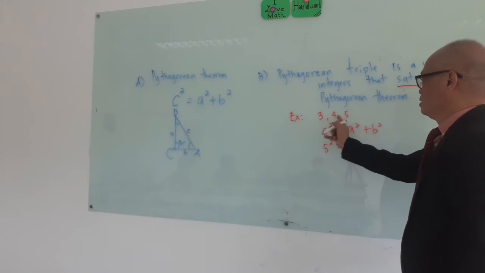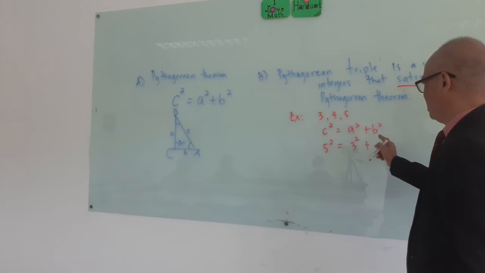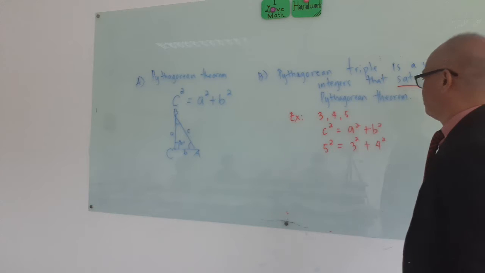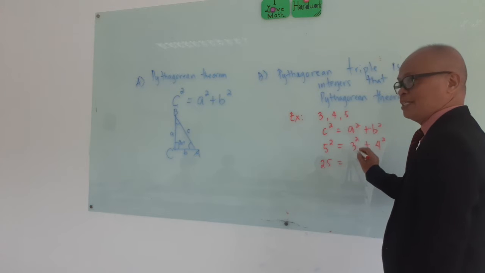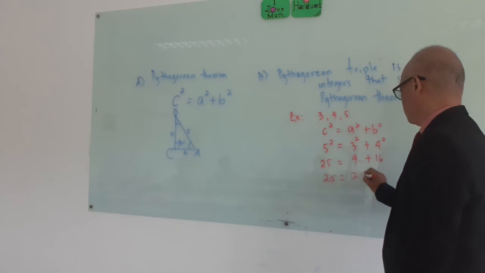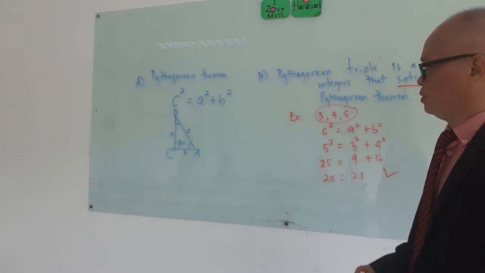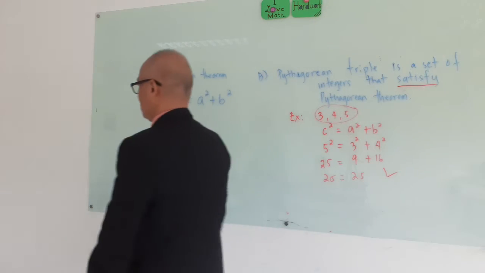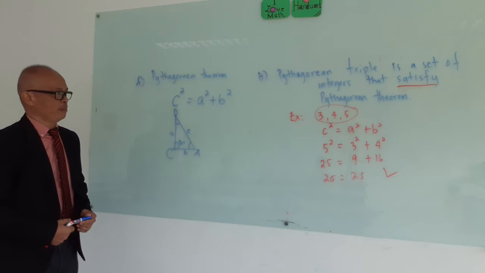And A is the smallest, and next to that is B, 4. Does it satisfy? 5 times 5 is 25. This is 9, 16. 25 is equal to 25. Meaning these integers are sides of a right angle triangle. It satisfies the Pythagorean theorem.